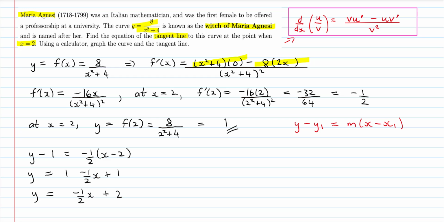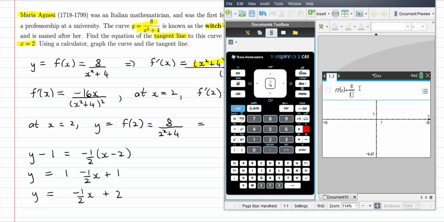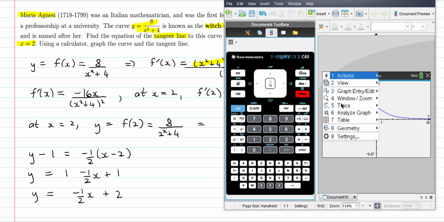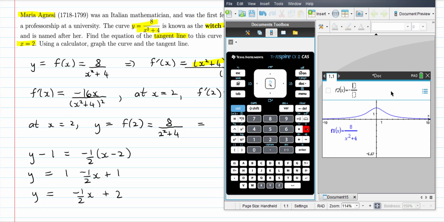So we'll bring up our calculator now and graph the curve and the tangent line. For the curve, that was equal to 8 over x squared plus 4. Okay, that's our curve there, and I'll just move this label over a little bit. And now to graph the tangent line, that was equal to negative 1 over 2 times x plus 2.